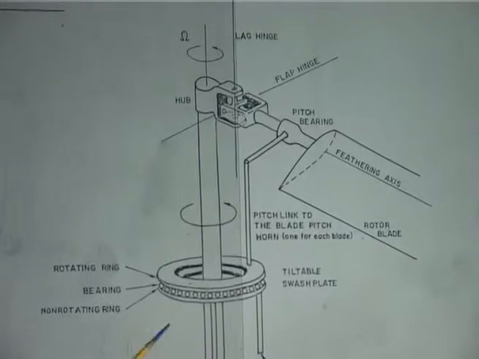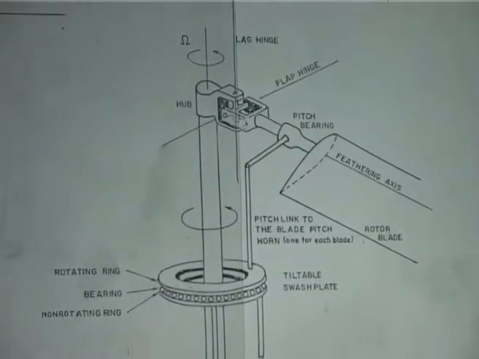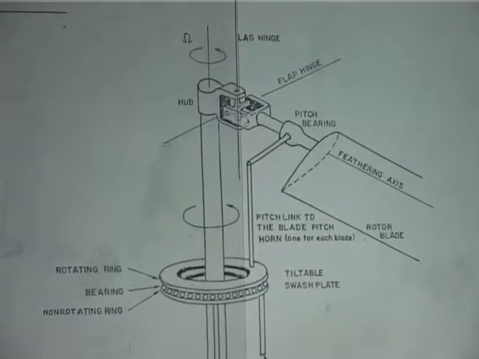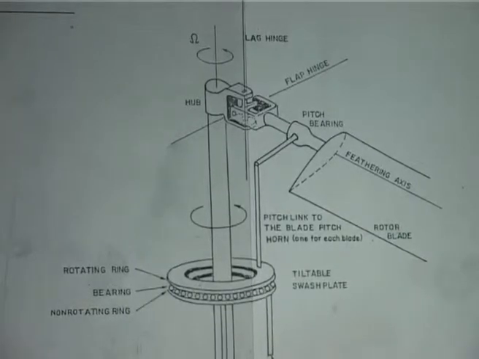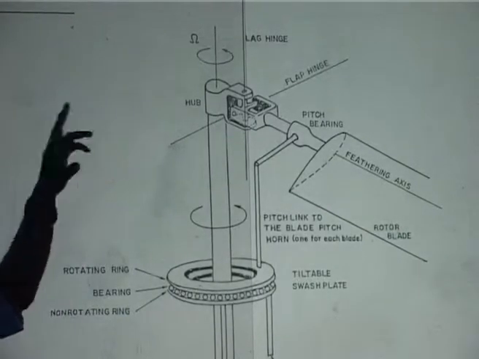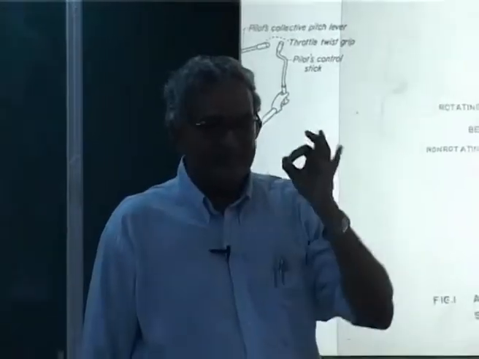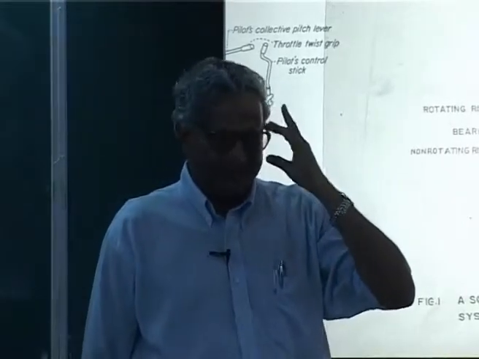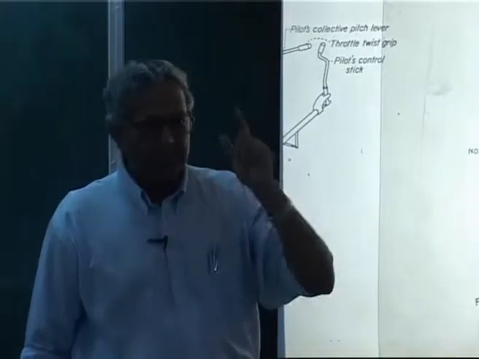Please understand, I can have this rod in front of the blade or back of the blade, depending on whether I push it this way or pull it. Basically, moving up and down is collective. If he moves it up, the pitch angle of all the blades in the rotor system changes simultaneously. There is no difference. All the blades will experience the same pitch change.